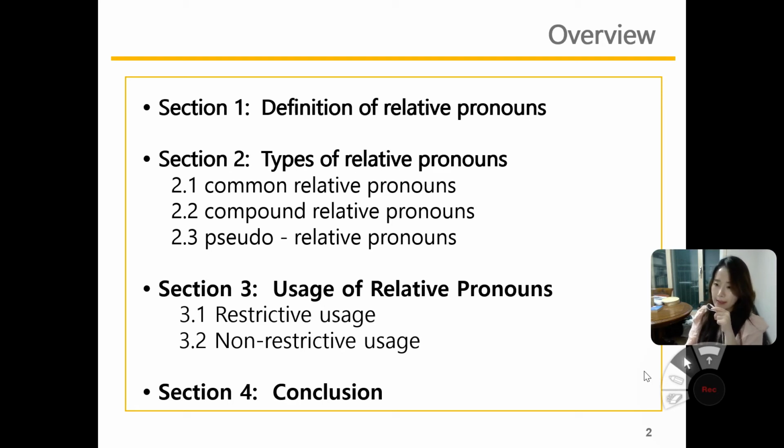And in section 2, I will divide the relative pronouns into categories and explore how those in each category behave differently: common relative pronouns, compound relative pronouns, and pseudo-relative pronouns. In section 3, I will state the usage of relative clauses, restrictive and non-restrictive relative clauses, and see what the difference is.